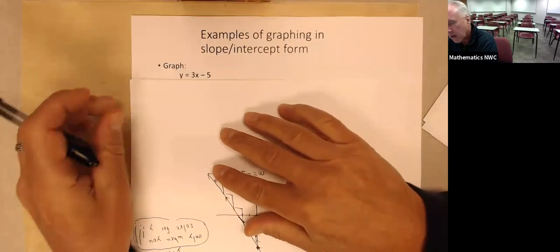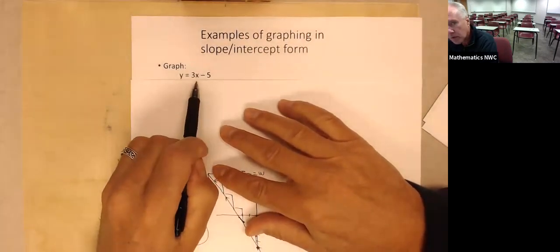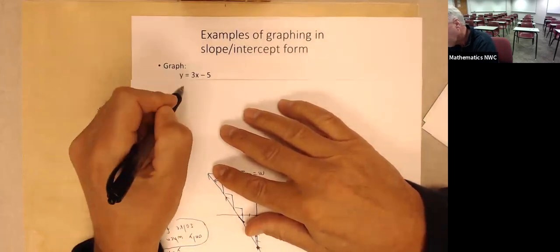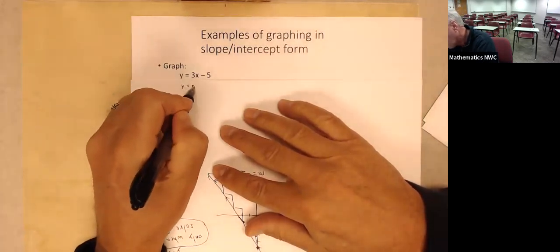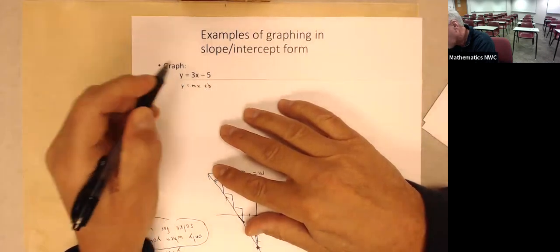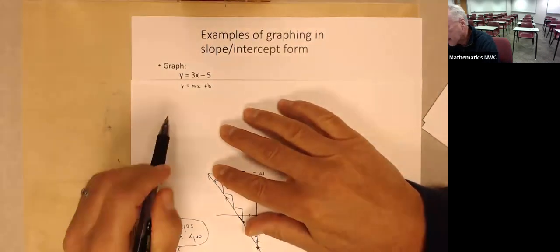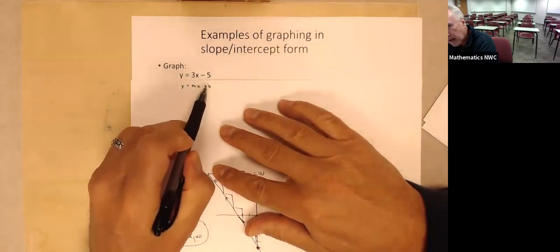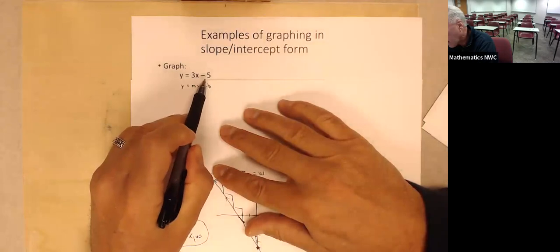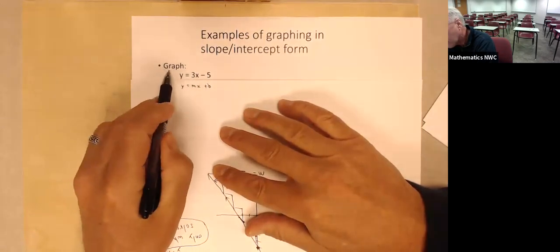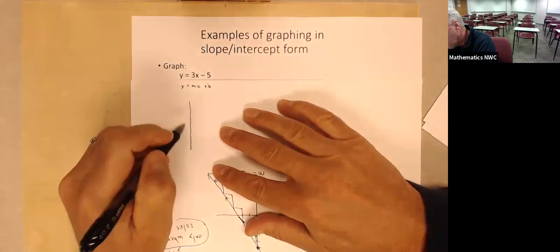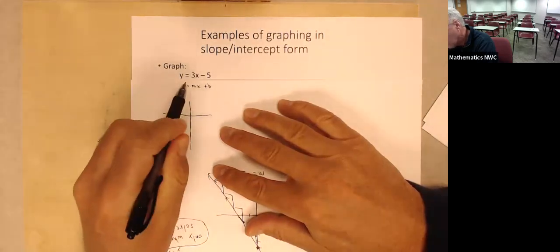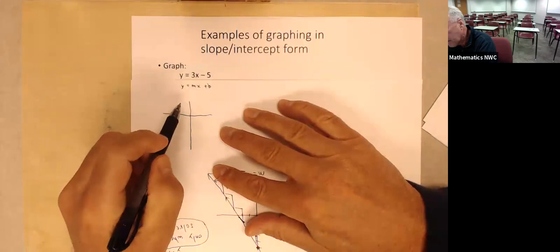So I'm going to start off with this one. Notice that it is solved for y. That basically means it's in the form y equals mx plus b. In this example, my slope is 3. My y-intercept b is a -5. To graph it, I'm going to first locate the y-intercept.